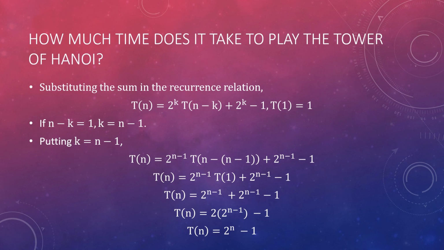Since this is the number of moves, this is also an estimate of the time taken to play the Tower of Hanoi for n discs. And from this equation, I can say that the time complexity to solve the Tower of Hanoi is O(2 to the power n).